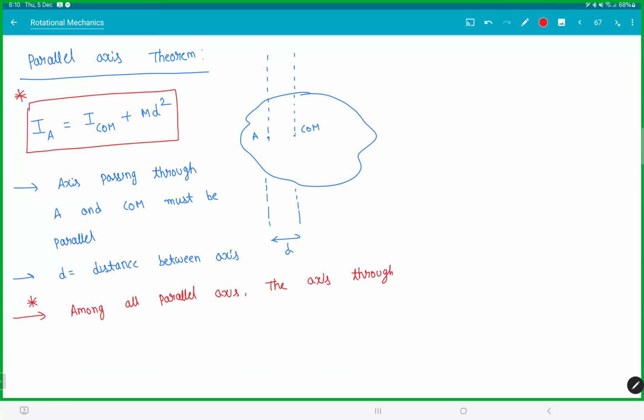But all lines should be parallel. You can't compare perpendicular lines. Only parallel lines you can compare. The axis passing through the center of mass has minimum moment of inertia.